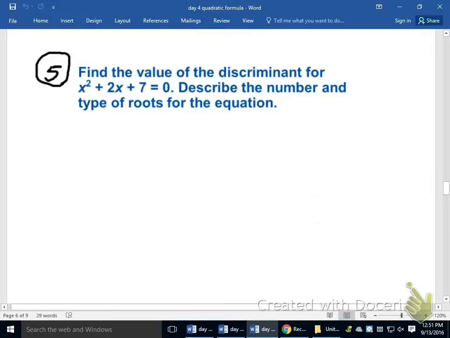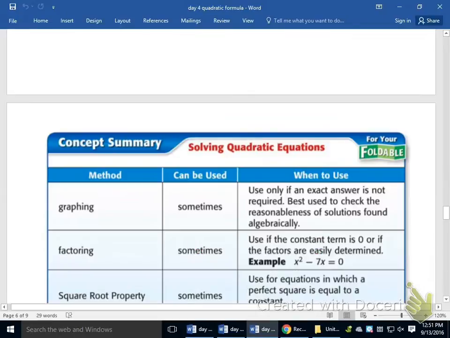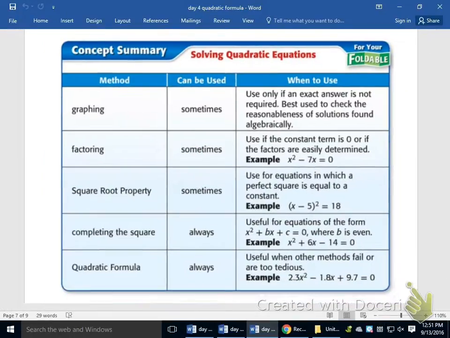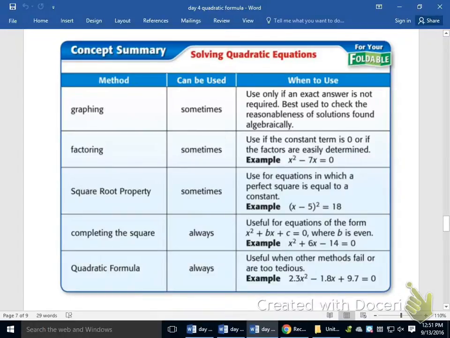The only other thing I've got to talk about today is just what to use where. You can see this enormous, elaborate chart that was developed by the book, talking about what method of solving to use where. We learned about graphing in Unit 1. It's great for rational answers. Factoring is great for rational answers as well. Square root property, that's great whenever you don't have a bx term, or if it's already set and ready to go with a perfect square trinomial.